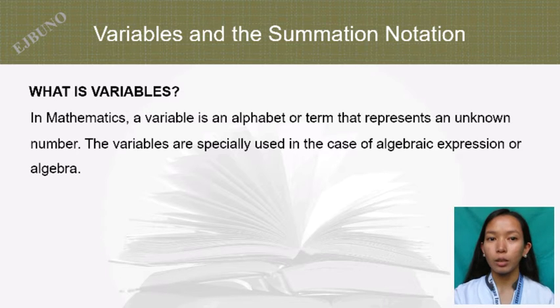A variable is a quantity that can be changed or is not fixed according to the mathematical operation performed. Usually, in algebra, we express an unknown number using the terms x and y, but this is not particular, and we can use any alphabet.